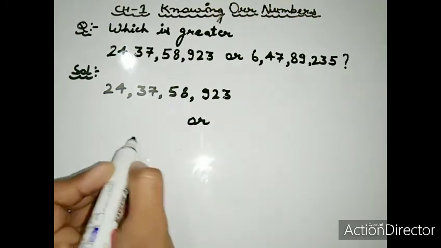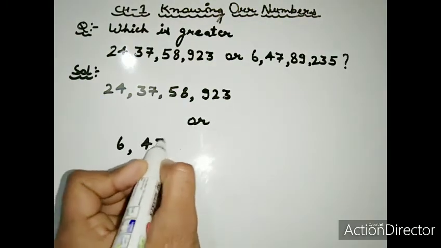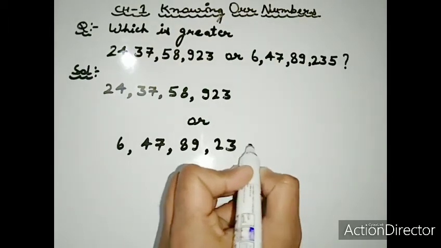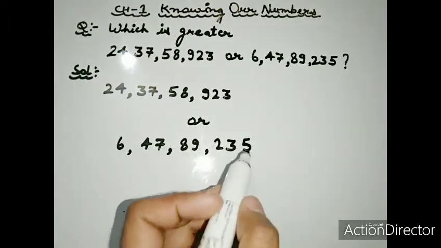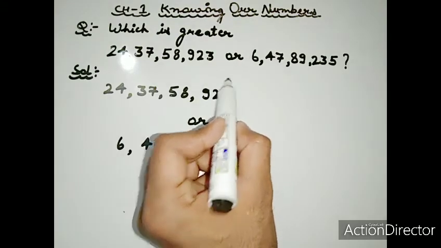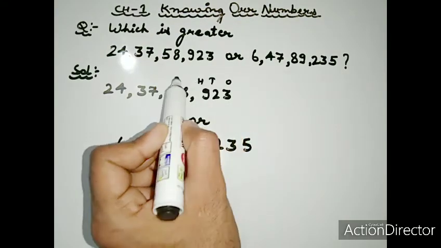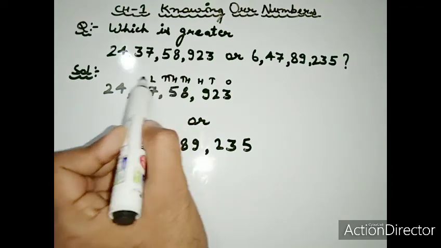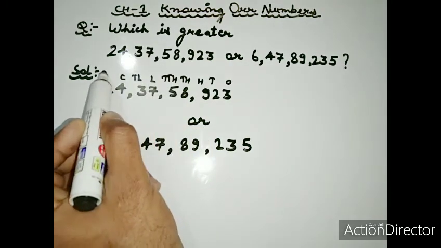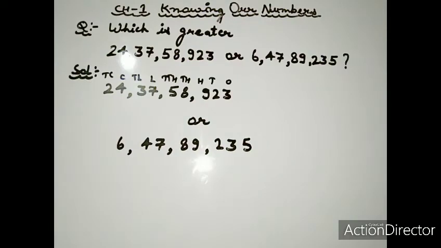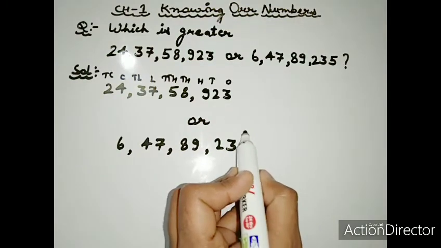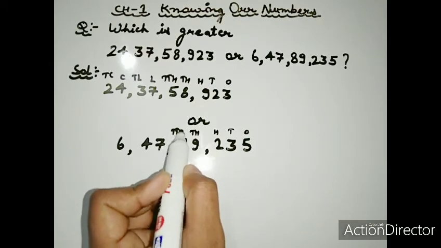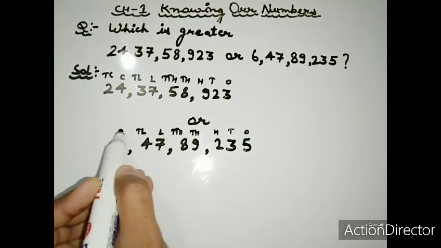Now the other number 6 comma 47 comma 89 comma 235. Now here we write the places of these numbers: ones, tens, 100, 1000, 10,000, lakh, 10 lakh, crore and 10 crore. The second number: ones, tens, 100, 1000, 10,000, lakh, 10 lakh and crore.